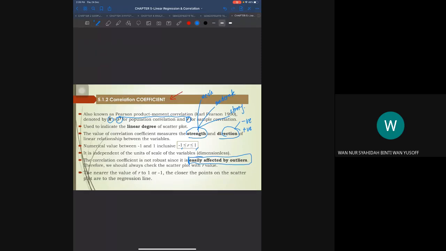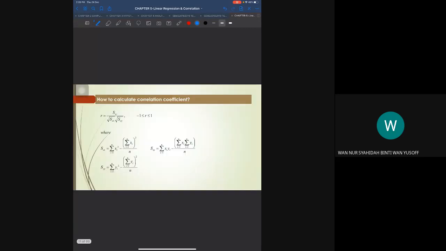Okay, so why is it easily affected by the outlier? Similar reason as what we discussed in chapter 1. Why is the mean easily affected by the outlier? It is because of the formula itself. In order to calculate the R, this is how we calculate it, the manual calculation. Bear in mind, even though you can get R directly from your calculator, you need to calculate manually.